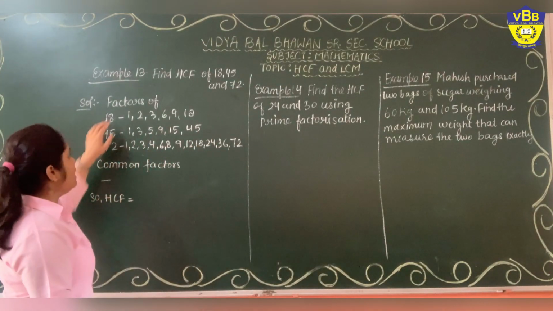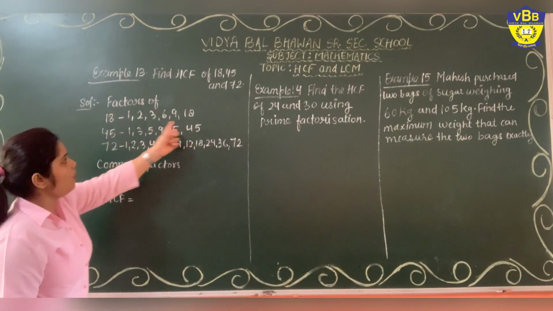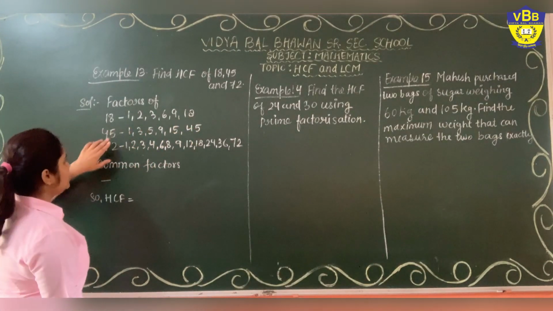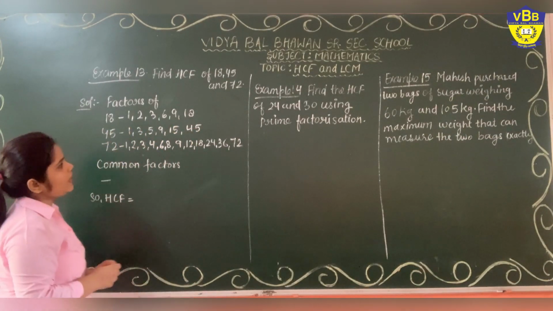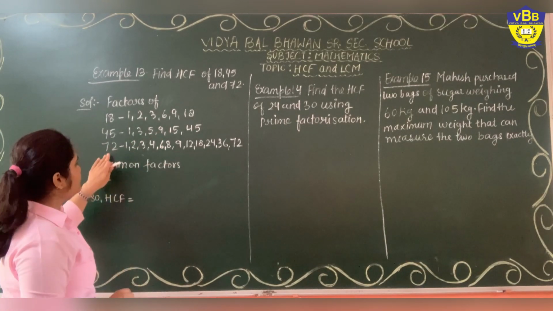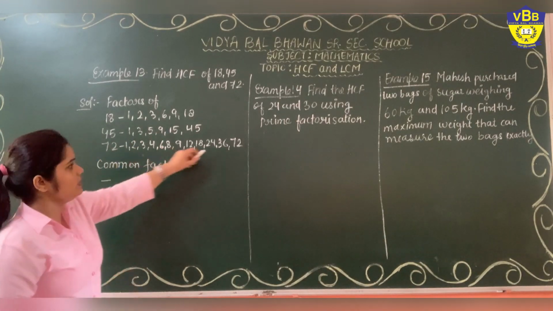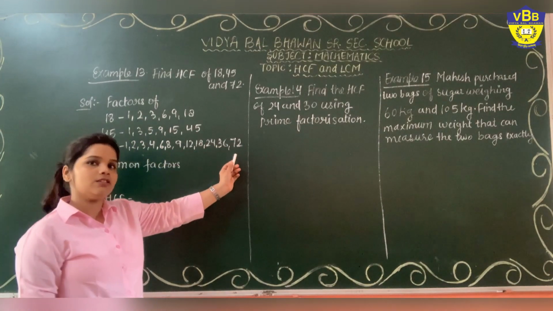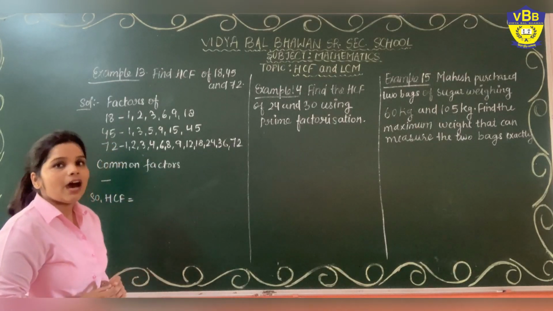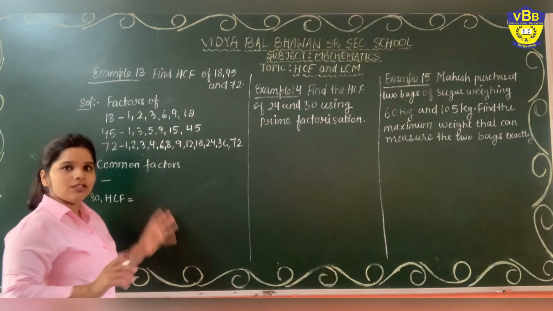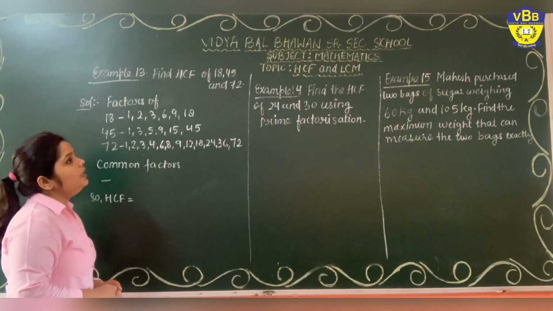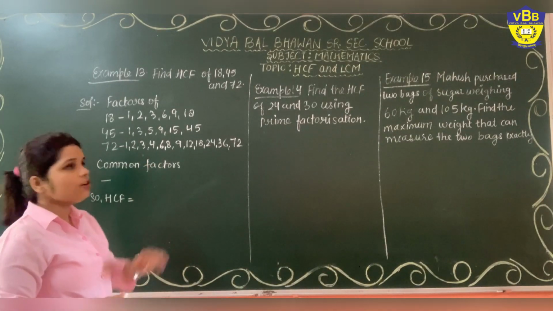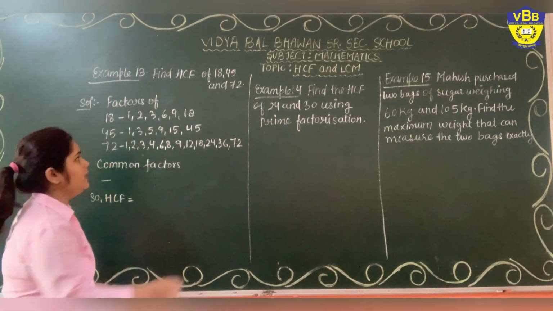Here are the factors of 18, all the factors are written. Factors of 45, all the factors are written here. Factors of 72, all the possible factors of 72 are written here. After listing all the factors of the given three numbers, look at the numbers which are common in all three.